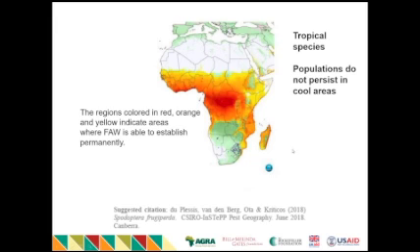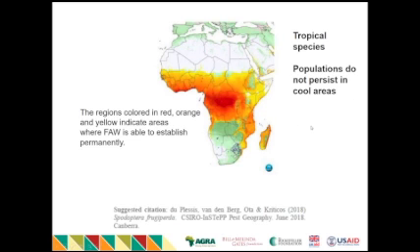So in this map, depending on where you are when you look at this presentation, it shows that the regions colored in red, orange, and yellow are the regions which are suitable for fall armyworm to establish. So in these parts of Angola and Zambia and the highlands of Zimbabwe and Western Kenya, for example, you can with accuracy predict that there will be annual invasions, but that the pest will not always be there.